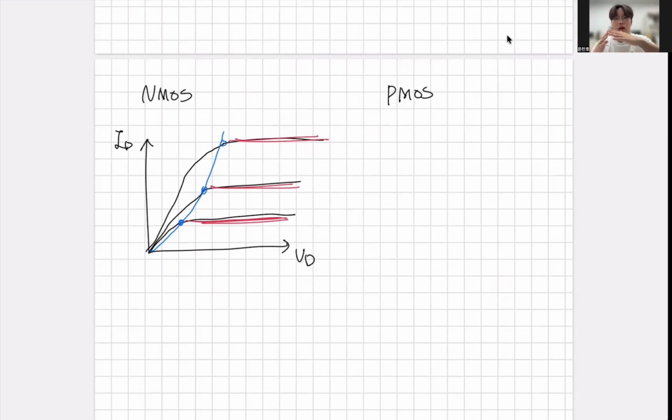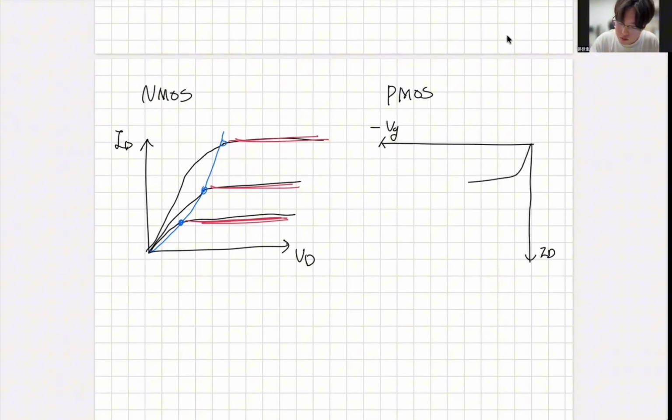So we can draw the graph like this. Here is ID, and here is maybe minus VG. Because the PMOS works at negative gate voltage, we can draw the graph like an inverse NMOS.